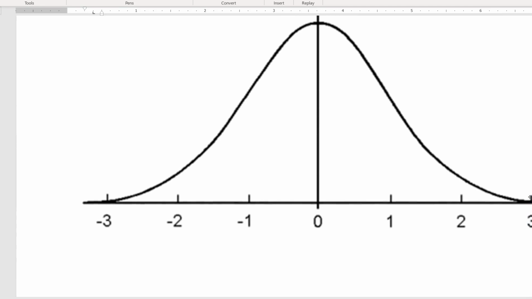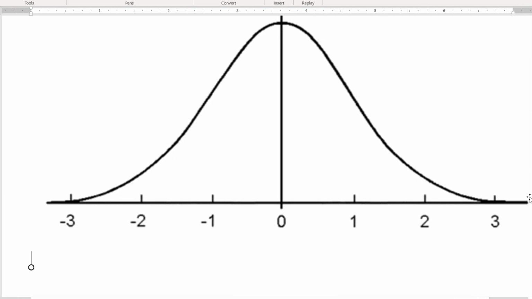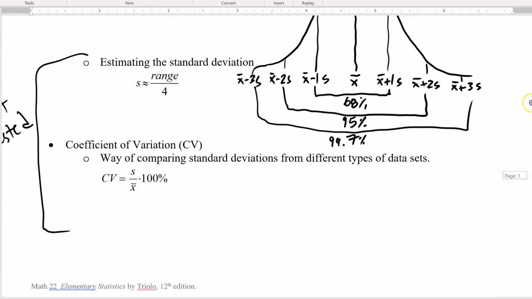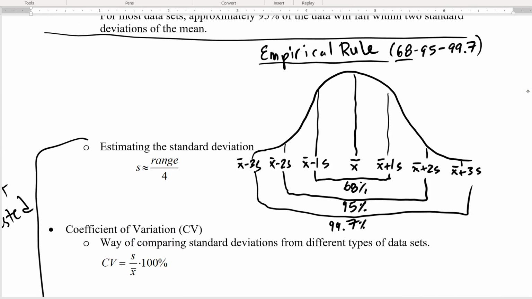So here's a bigger version of our normal distribution. So we already said that within 1 standard deviation, okay? Real quick, right here, these were x's. This also works if we convert it into z-scores. So the z-score is how many standard deviations we are from the mean.